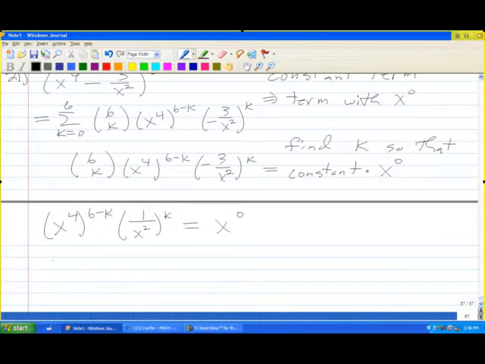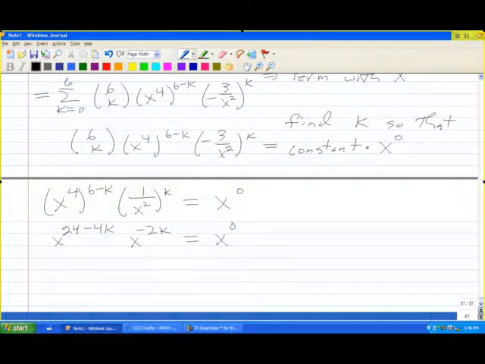So this is x to the power, multiply the 4 times the 6 minus k. That's 24 minus 4k. And 1 over x squared to the k is the same as x to the negative 2 times k, which is negative 2k. By laws of exponents, I have the same base, so I'll add exponents. So this is x to the power 24 minus 6k, which should equal x to the 0.